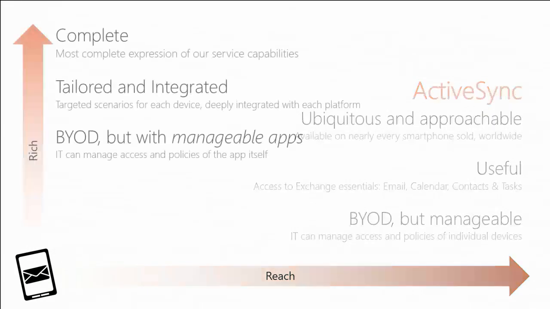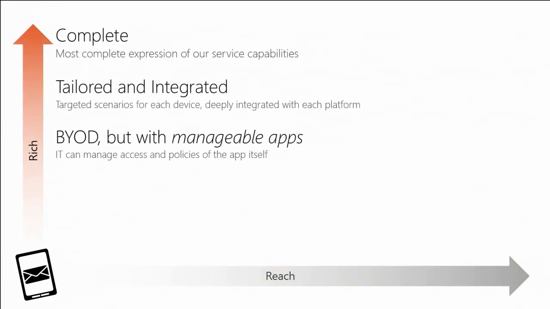Where the current ecosystem falls down is it's not as complete as we would like. We would love to see the new features of Exchange surface on mobile devices more promptly and in a richer way. We also think we can do a better job tailoring the experience for the capabilities of the device, and we'll talk a little bit more about that.